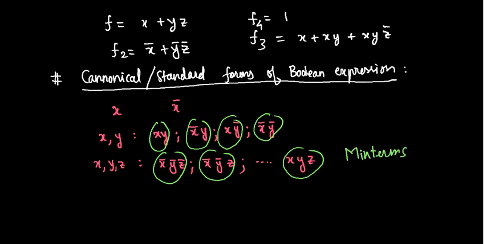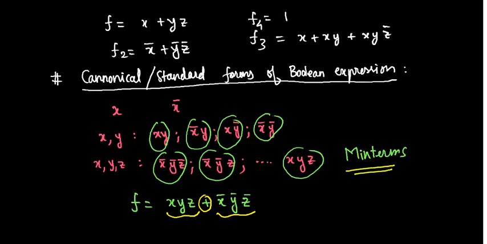So when a function is expressed, say for example it's x y z, or x bar y bar z bar, each of this term, whenever it is expressed as a sum of products, then each of this product is called a min term. Condition being each and every term must have all the variables.